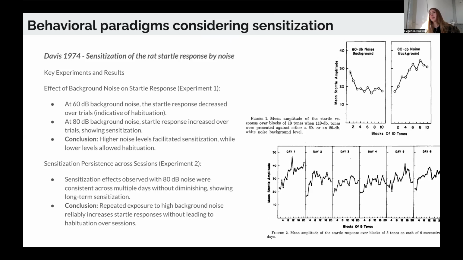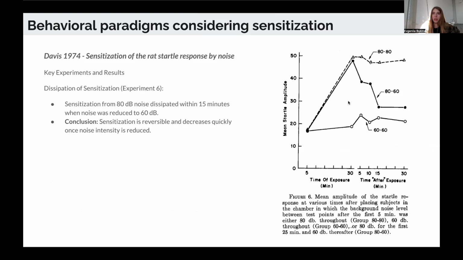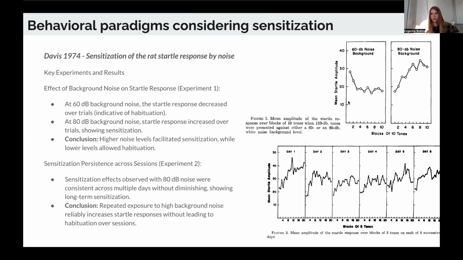At the beginning, when the tone was presented on top of that background noise, the startle response is quite high. But over time, the animal habituates to that tone and does not respond anymore, because it's not like conditioning, where you have a tone and then some food. Of course, then you would take that tone into consideration and use it to your advantage. But in this case, it doesn't make sense. So they habituate. But what happens with 80 decibel noise?